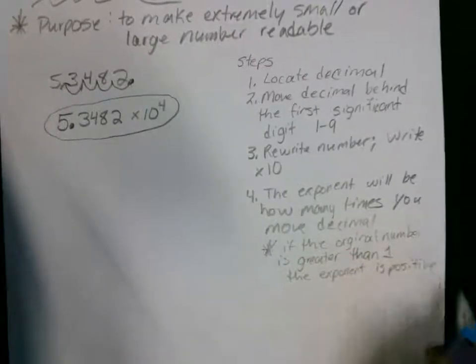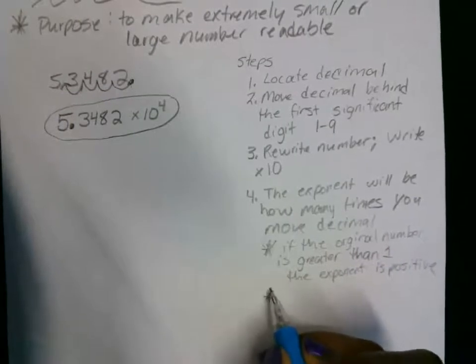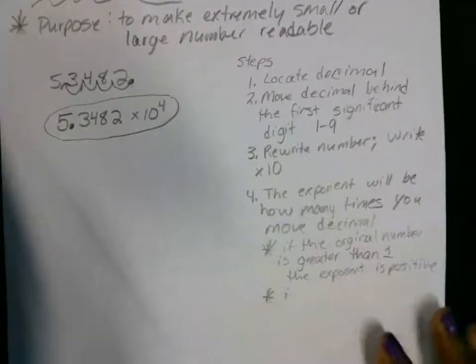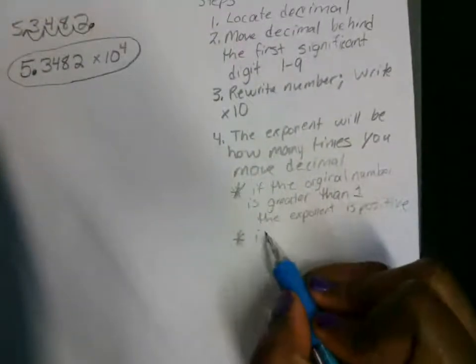Okay? Another star. If the original number is less than 1, your exponent is going to be negative. Slide this up some. Sorry, y'all.